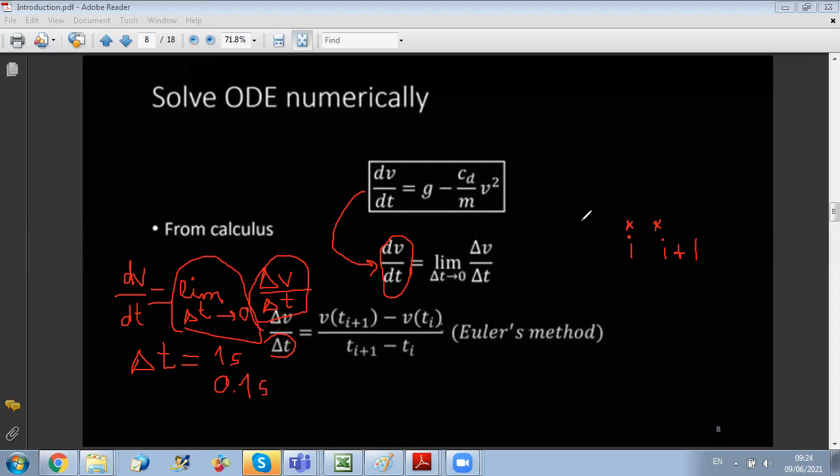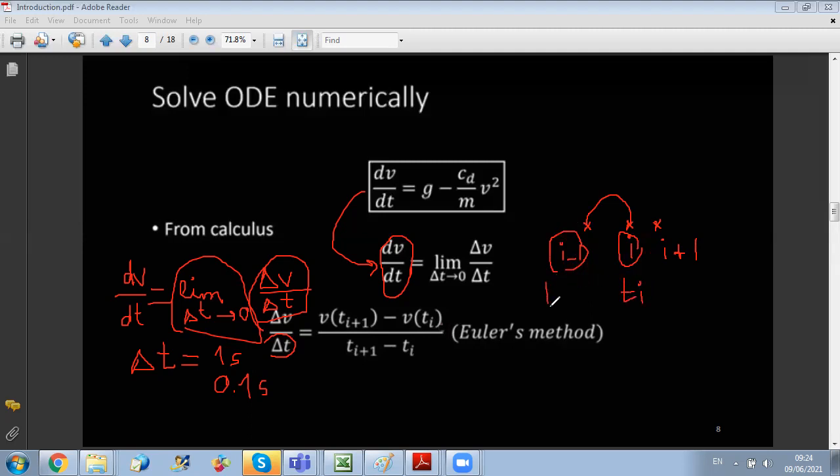If I want to assess the derivative, I have several possibilities. When I talk about delta V over delta t, you can tell me to compute delta V from these two points. Then delta V over delta t is V at i minus V at i minus 1, over t at i minus t at i minus 1.